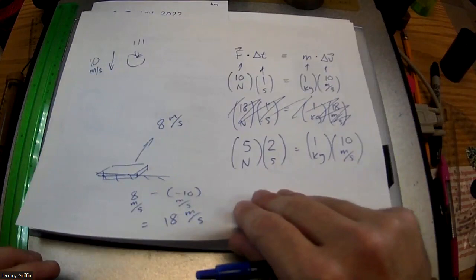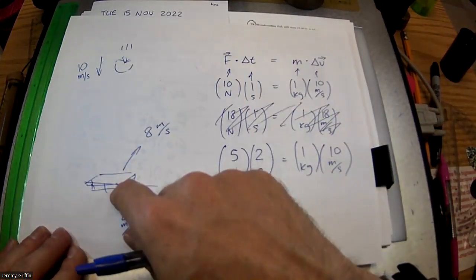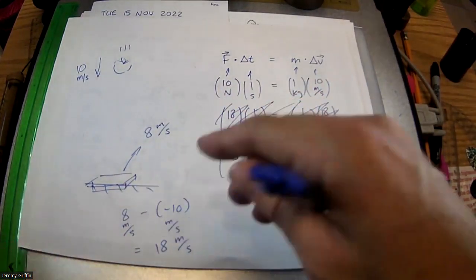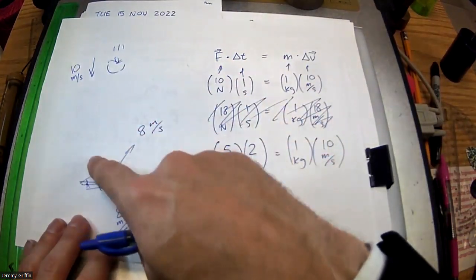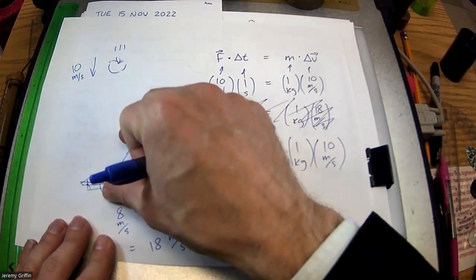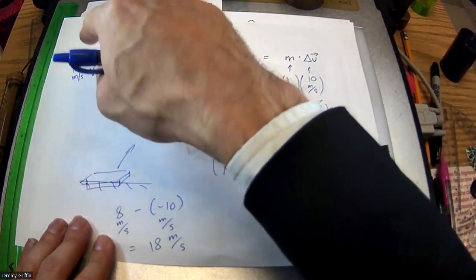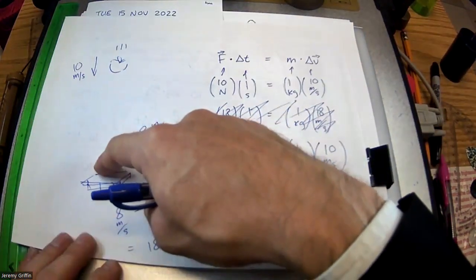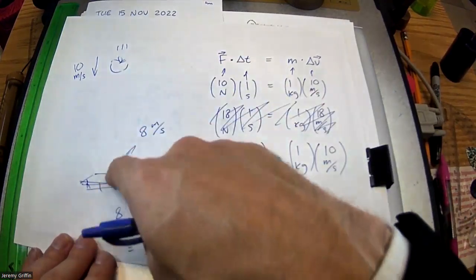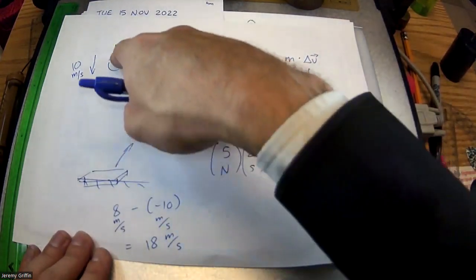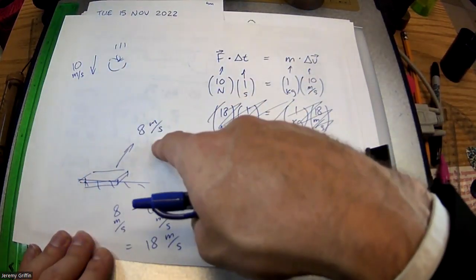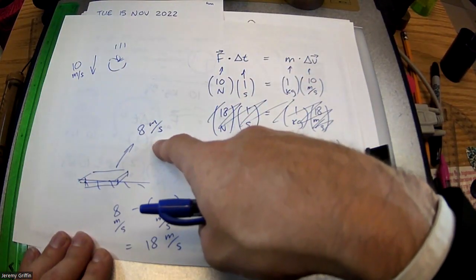Bounce. Yeah, if it bounces off. Because if it bounces off, there's a huge change of velocity, almost double the change of velocity. Suppose it's landing at 10 meters per second. If it sticks, 10 to 0, what's the difference between 10 and 0? 10. What if it bounces off extremely elastically and rebounds with 8 meters per second? What's the difference between 10 down and 8 up? 18, right?